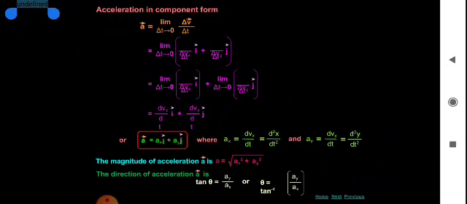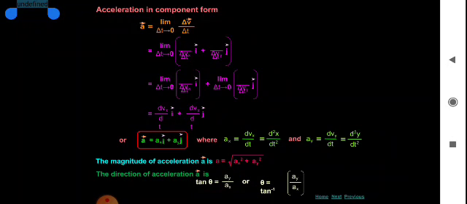So again we are writing acceleration is equal to ax i cap plus ay j cap. So ax is equal to dvx divided by dt, and ay is equal to dvy divided by dt.